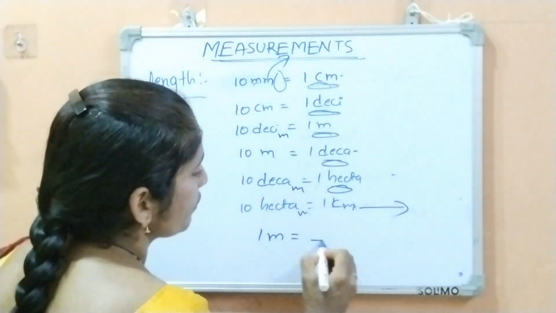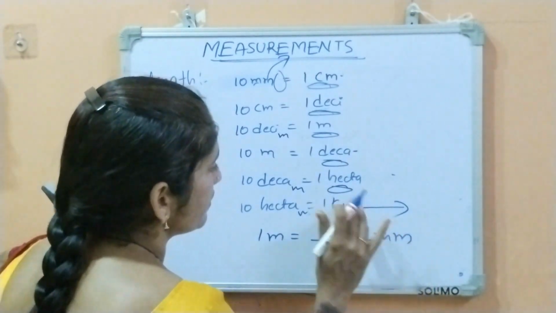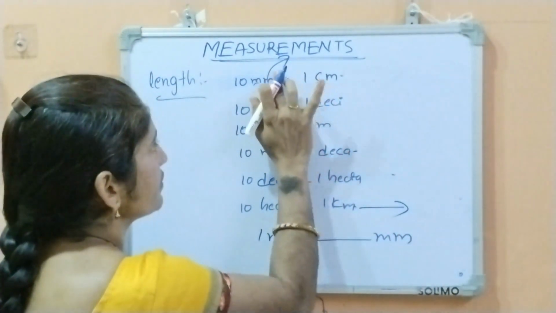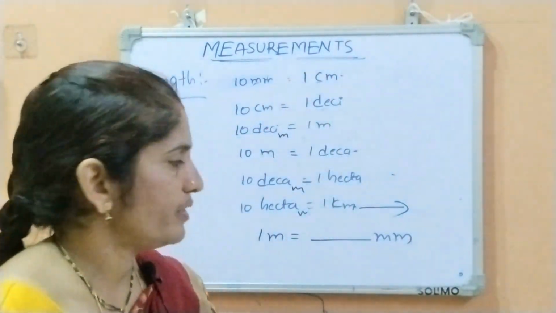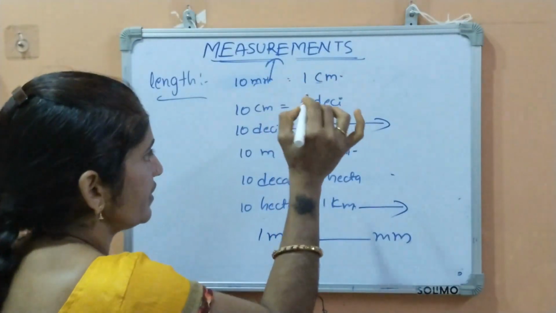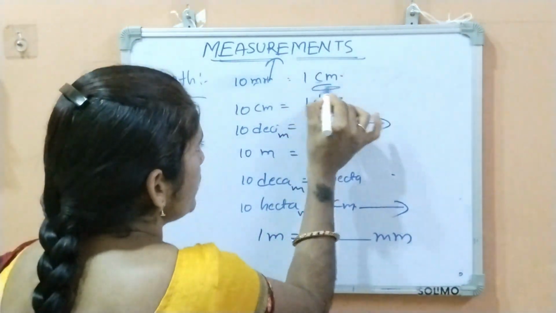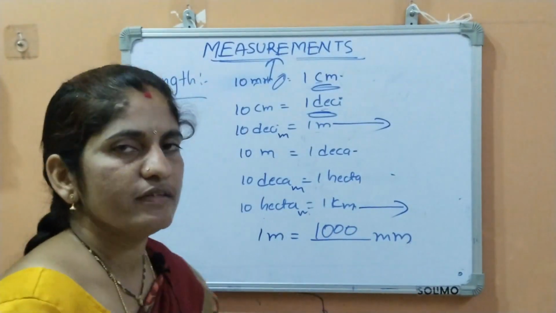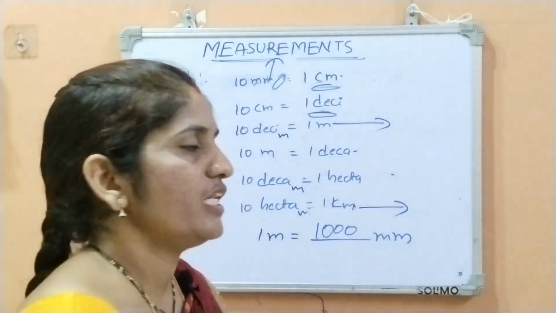Next, 1 meter equals how many millimeters? Where is the meter? Here it is meter. Where is millimeter? Here it is. So how many gaps? 1, 2 and then 3. So 1 meter equals 1000 millimeters.